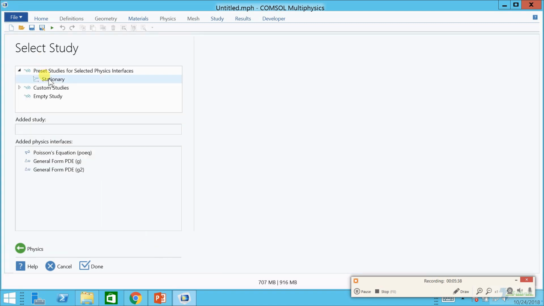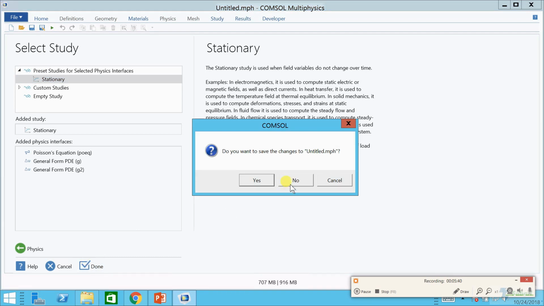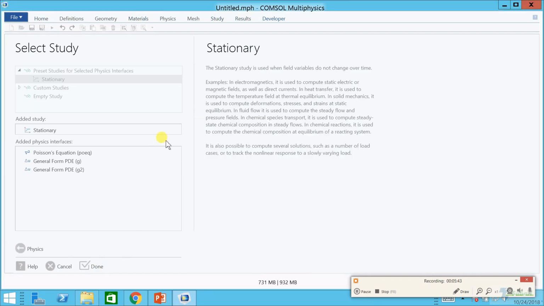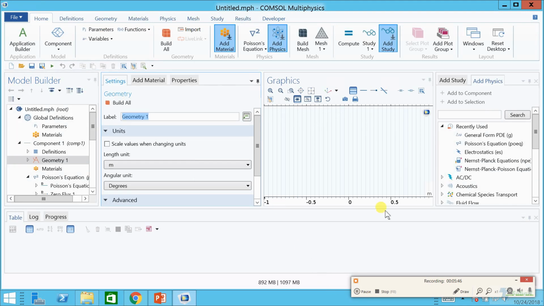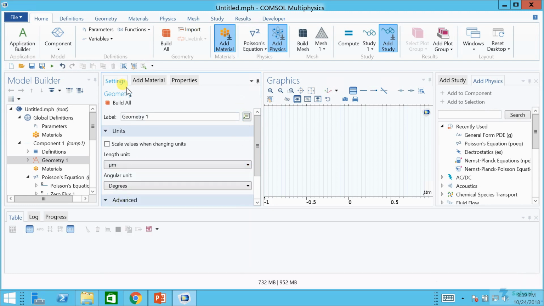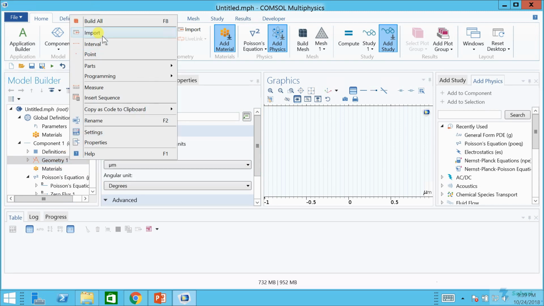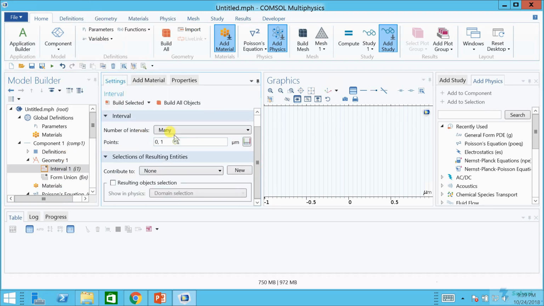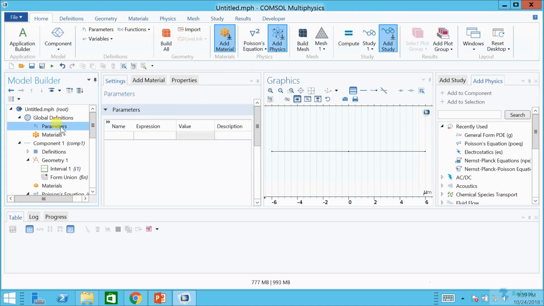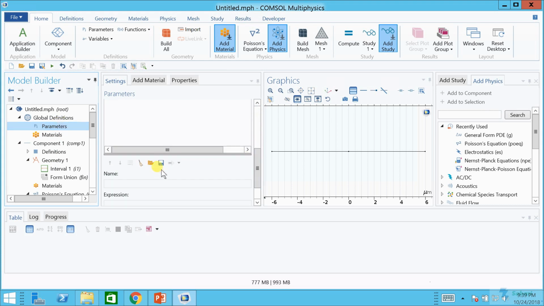Here we're going to conduct the stationary study. You could see I'm going to model everything in micrometers, with an interval of -6, and I have already entered the basic values like the Boltzmann constant, built-in potential, and all those things.